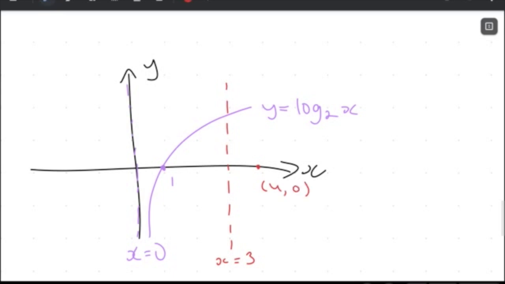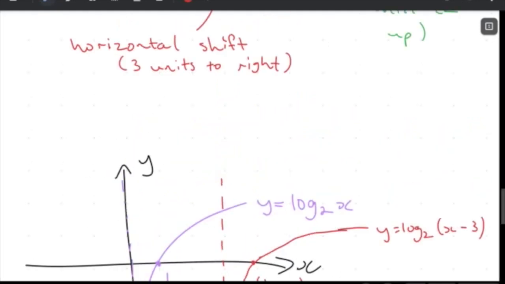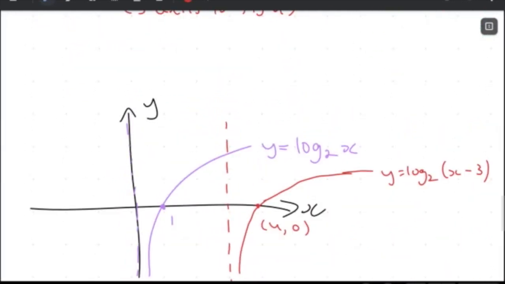So if we draw this here, we're going to get something looking like this. So this is my y equals log to the base 2 of x minus 3. We are now showing my 3 shifts to the right in the horizontal direction.